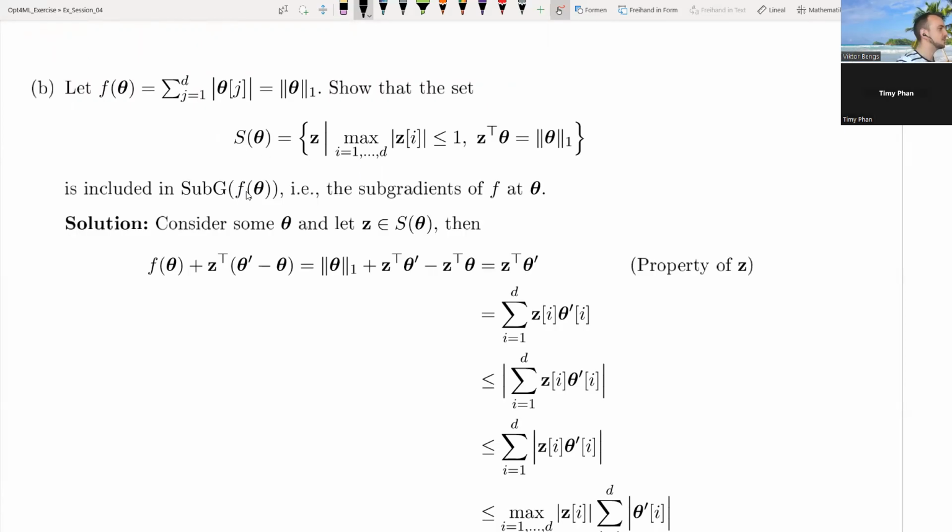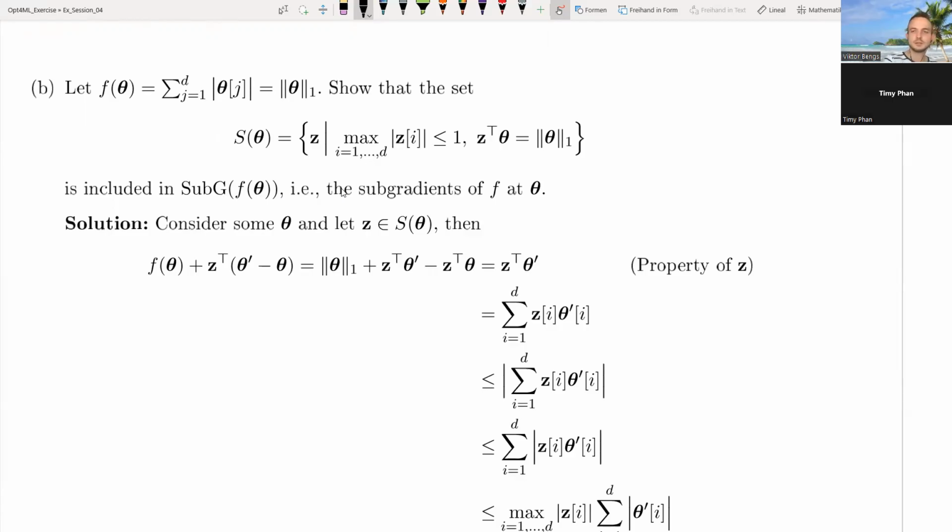One can show this is, in fact, exactly the set of subgradients, but the other direction is even harder than in the case before, so we don't have to care about that.